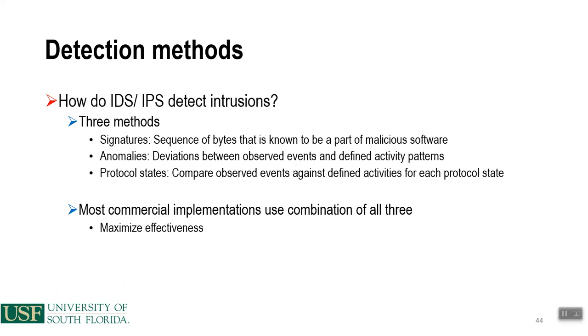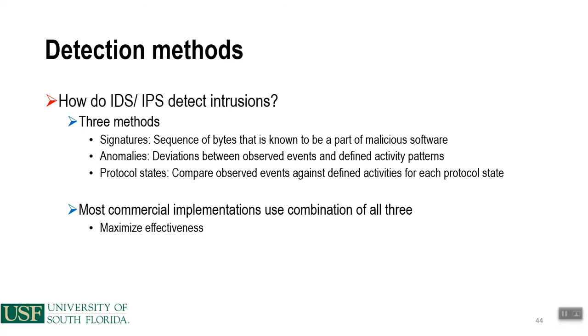So how do the IDS and IPS actually detect intrusions? There are three methods. One is signatures, two is anomalies, and three is protocol states. And most commercial implementations will actually use a combination of all three to maximize effectiveness. The signatures will look at sequences of bytes that are known to be part of malicious software. So what it's based off of is that it knows a large amount of the malicious software that exists today.